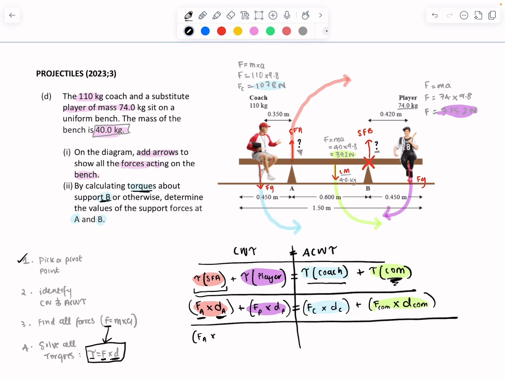Let's have a look at our diagram. We've got a few distance values, and as we can see, our distance from support force A to support force B is 0.6 meters. So let's plug that into our equation. 0.6 meters is our distance of support force A to our pivot point.